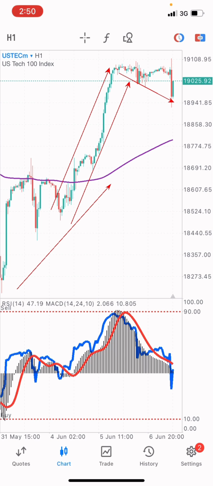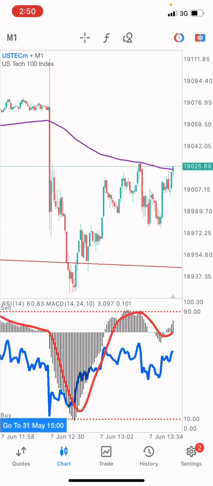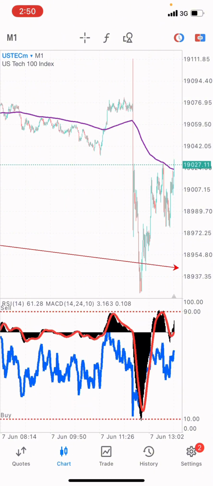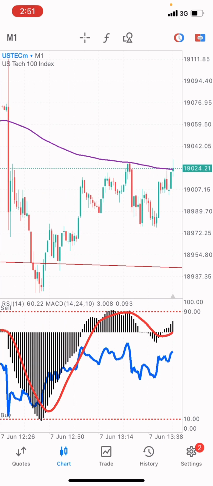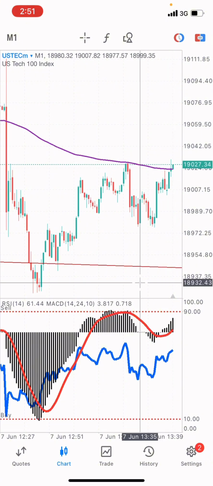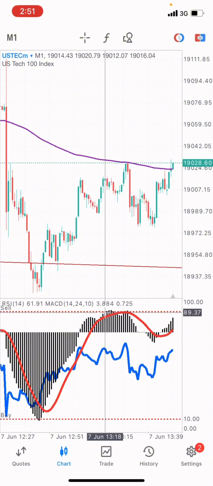So now let's go back to the 1 minute time frame to see how this market condition is right here. Okay, now we can see that on the 1 minute time frame, the market is currently at this point right here. At this point here, the market is buying, all right? And even the MACD, when it got to the point, the market still sold.